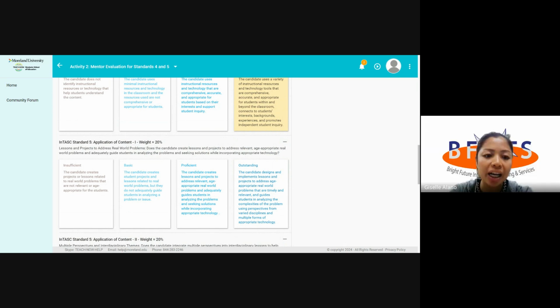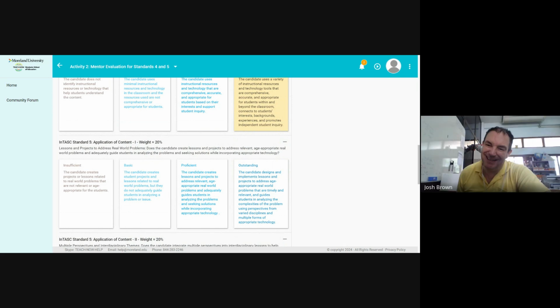English fair, I think that can be considered a project to address real-world problems, because they are engaging in enterprise. They are buying and selling and communicating with customers, and setting that up for them gives them a simulated experience of what it's like to be a business person, an entrepreneur.